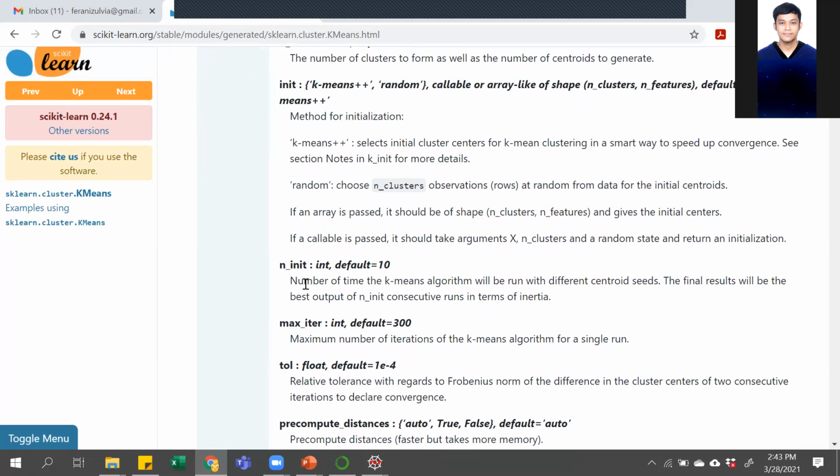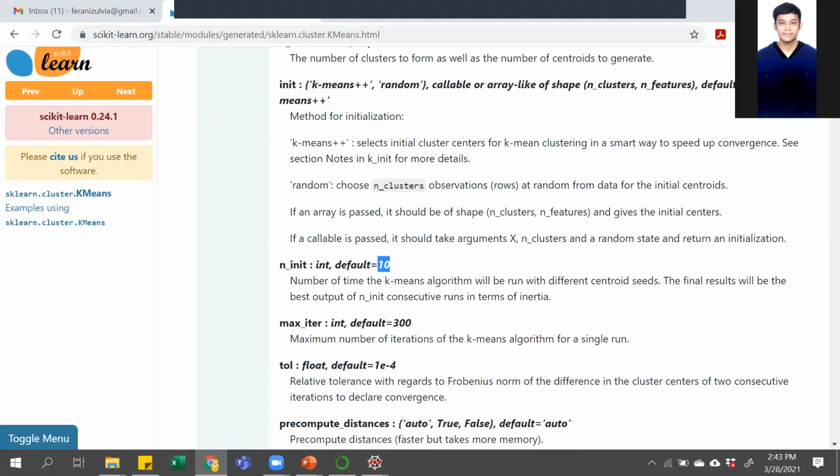So basically, before the algorithm gives us the result, inside the package it has tried at least 10 times. So they try at least 10 different initial centroids, and from these 10 results, they give us only the best one.